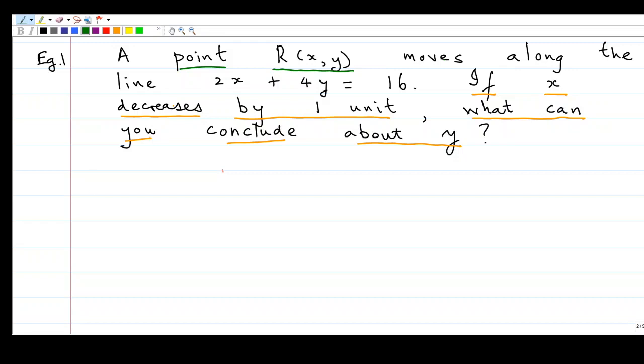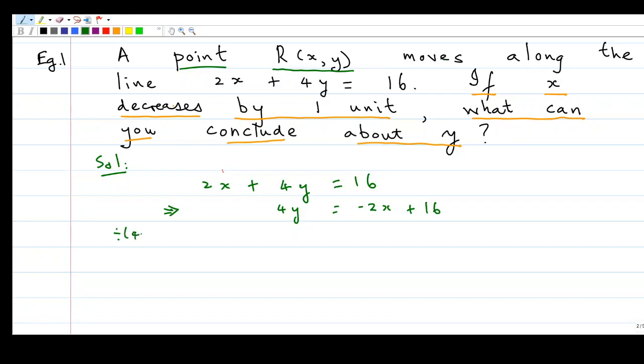So the solution, 2x plus 4y is equal to 16, right? That's the general form. We want to get this to the slope intercept form. So 4y is equal to negative 2x plus 16.